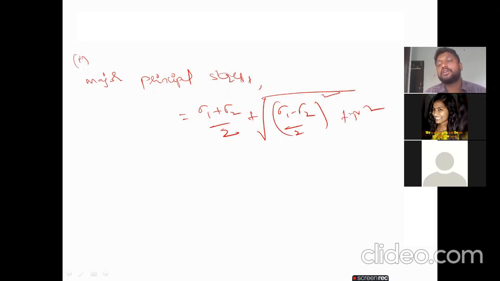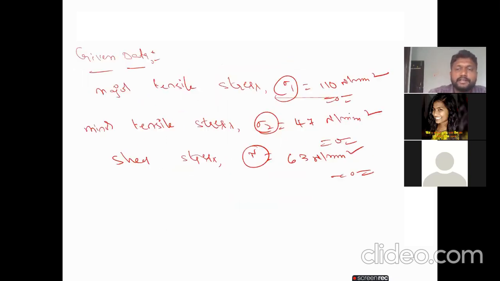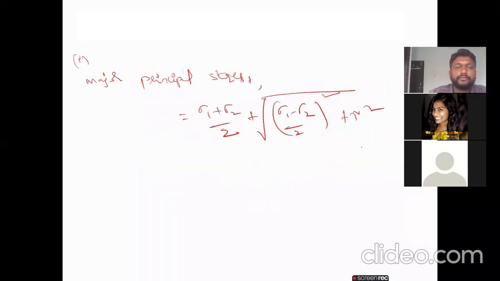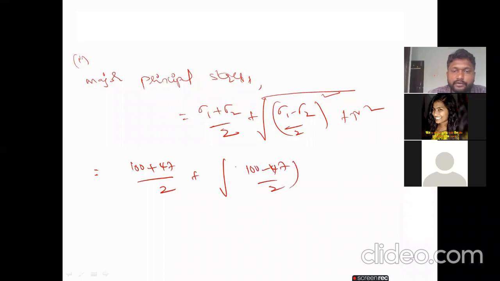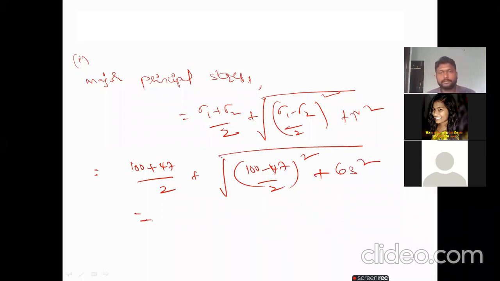We already know sigma 1, sigma 2 and tau, the three values, so please substitute here: 100, 47, 63. That is, 100 plus 47 by 2 plus the square root of ((100 minus 47) by 2) whole square plus tau, 63 Newton per mm square, squared. Tell me the answer here. I am waiting for your answer.